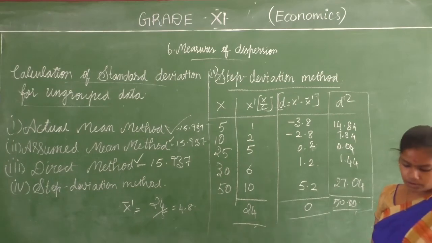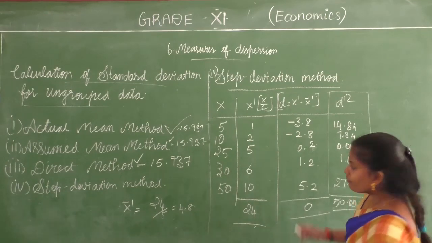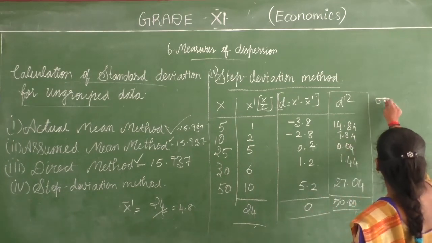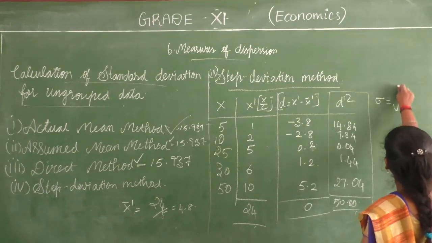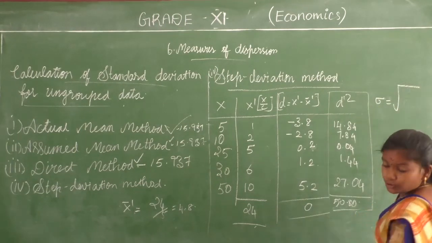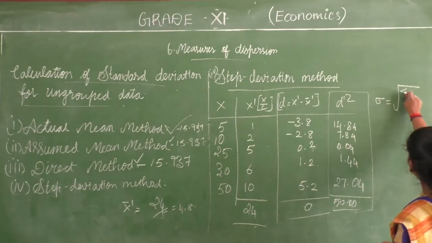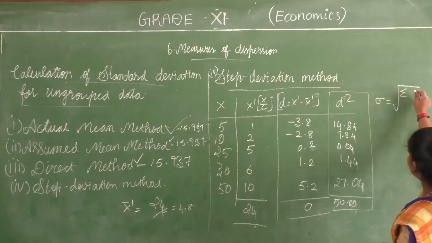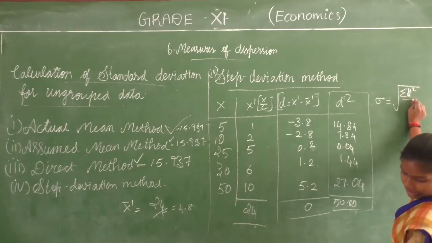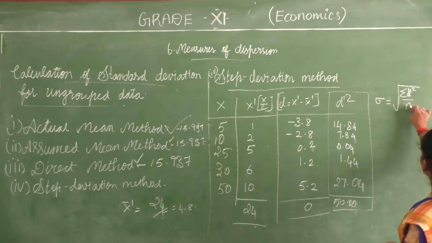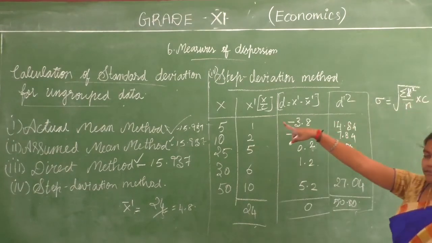What are you going to do? You are going to use it in the formula. So your formula is sigma is equal to, what is important, children? Root of sigma d dash square by n, into c. You have a common factor, right?